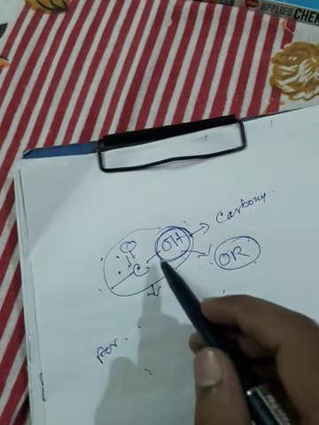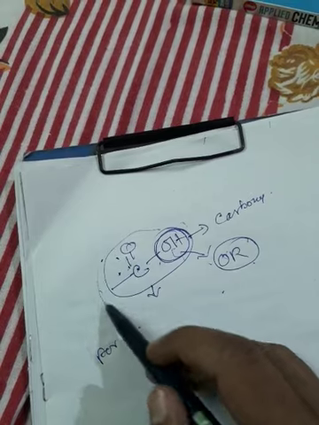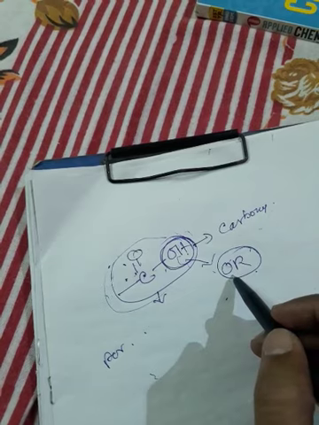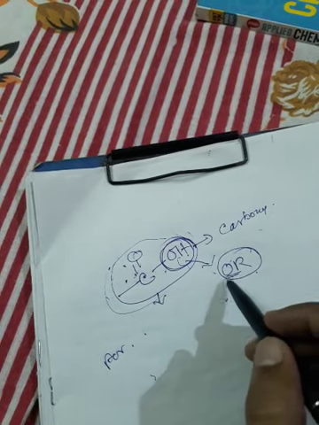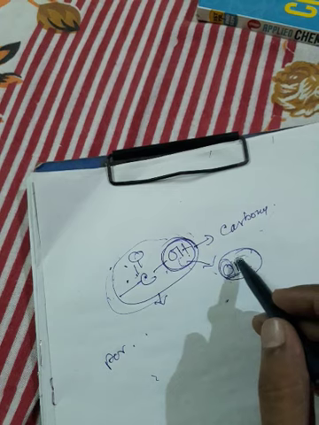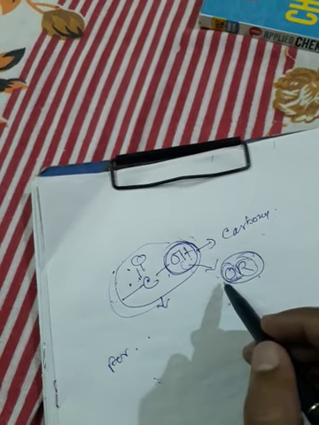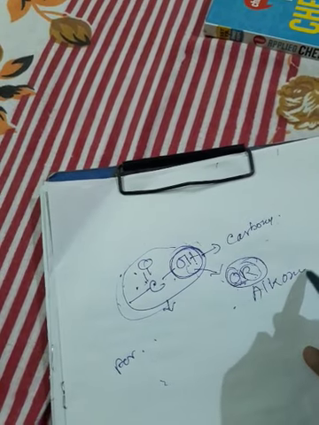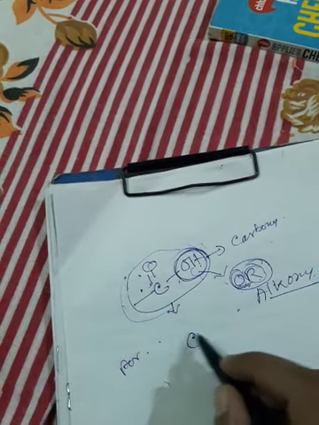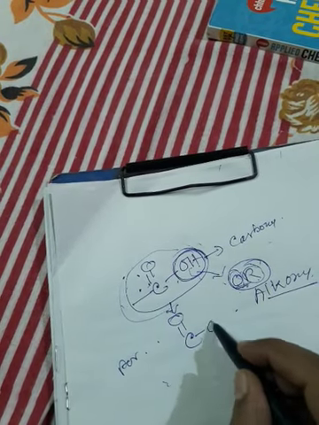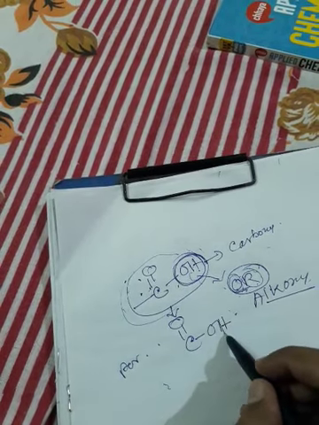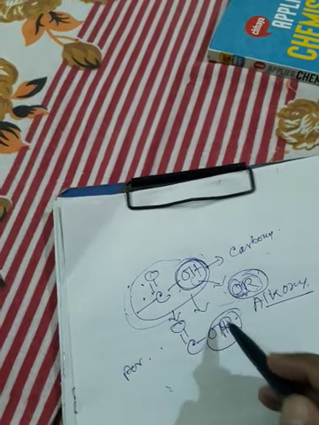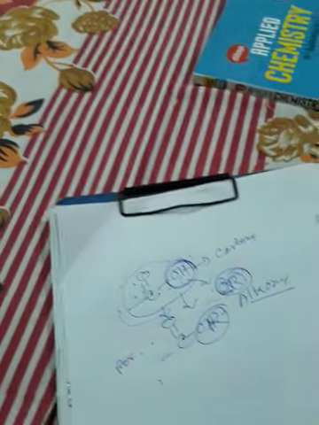Here it is oxygen and alkyl. Oxygen and alkyl together make alkoxy. This name is alkoxy. When the OH group, the hydroxyl group of carboxylic acid, is replaced by an alkoxy group, then this group is called the ester group.